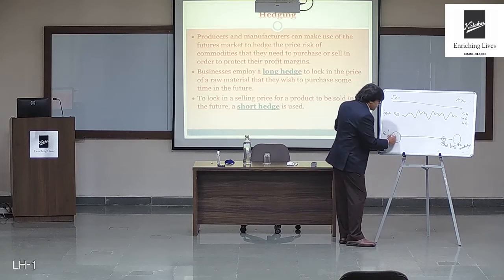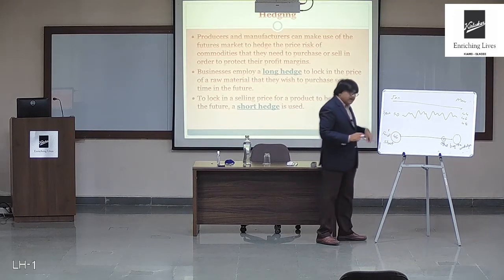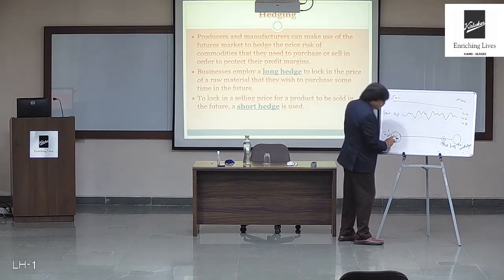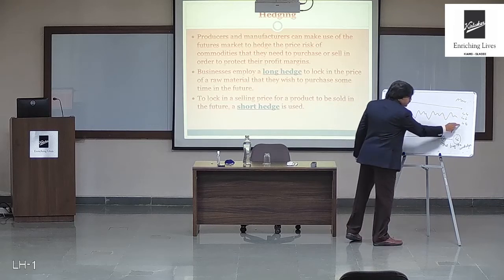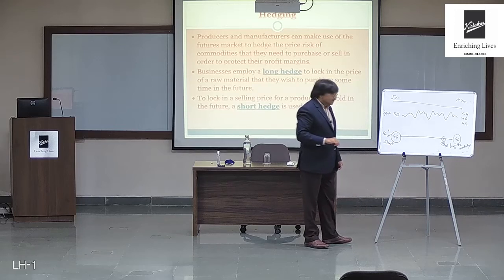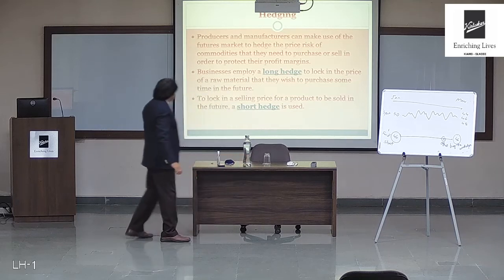And suppose the forward contract based on these expectations is 46, then the farmer who is growing the crop signs a contract today to sell the commodity in future at 46. So whatever happens in the spot market, whether it goes to 44 or 48, he has fixed the price at 46. So you can see that a short hedge is generated like this.